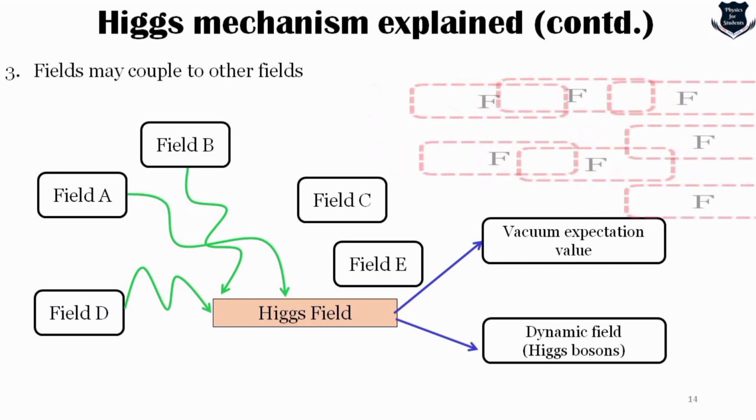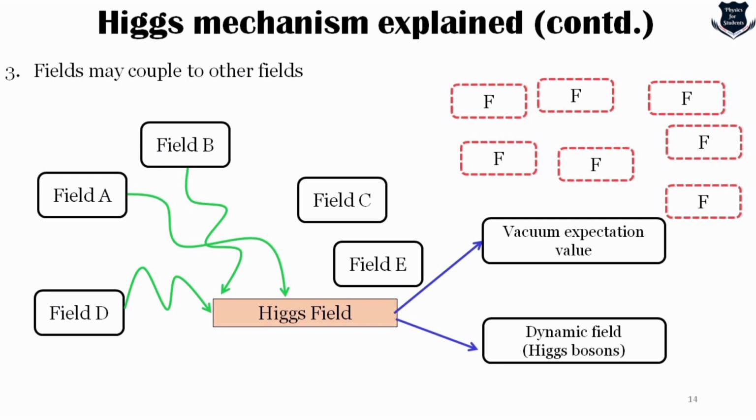Now let us consider this orange to be also fields. The equations that describe the coupling of the Higgs field to other fields become themselves a part of the quantum field theory. These blue lines are the interactions of the vacuum expectation value, which we will soon learn what it is.